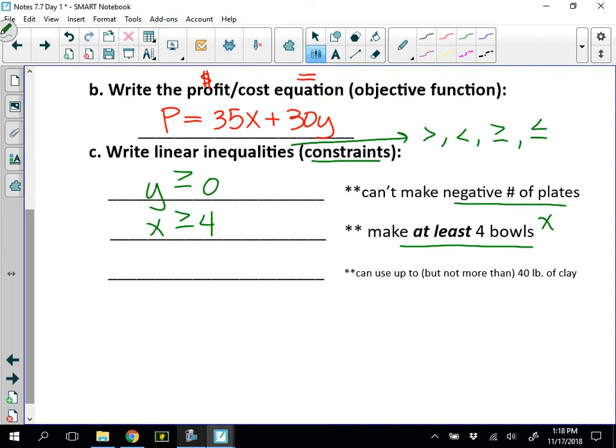So, right here, he can use up to but not more than 40 pounds of clay. If it's 5 pounds for a bowl, that would be 5x. I'm going to add that to the amount for a plate. 4 pounds for a plate, 4y. So he can't go over 40, but he has 40. So it's going to have to be less than or equal to 40.